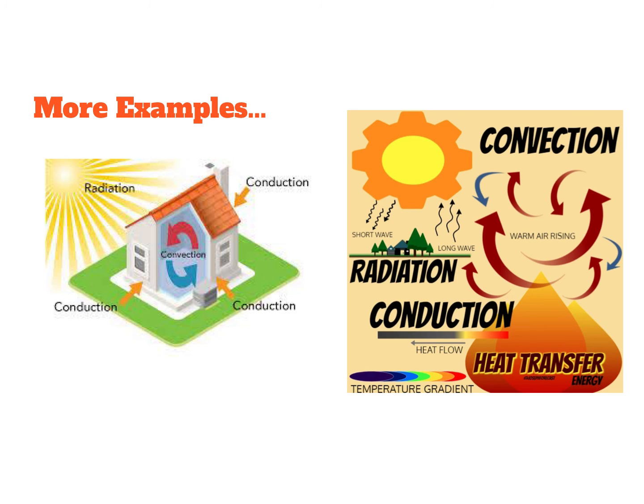As you look at these pictures here, these are just some more examples to show you the three forms of heat transfer: conduction, convection, radiation. You see a picture on the left there with a house, and the sunlight is showing heat transfer through radiation. It's heating up the outside of the house. Then they show conduction with the roof there, where as the roof heats up, it's in direct contact with the rest of the house, so it's starting to heat up the house.